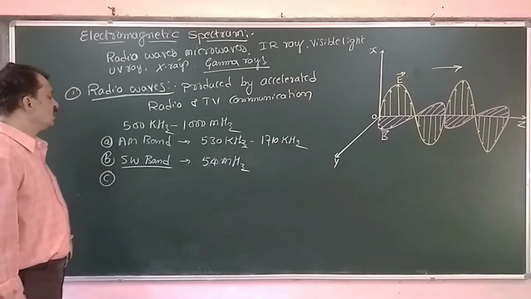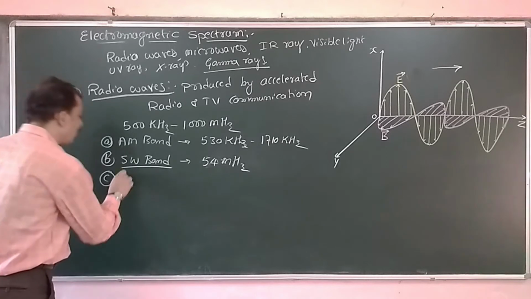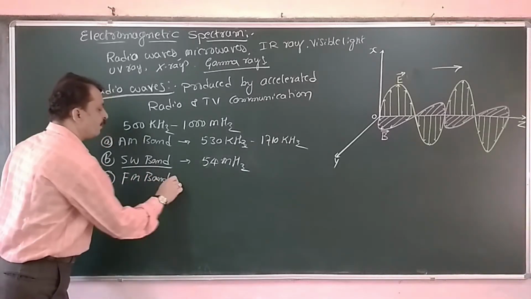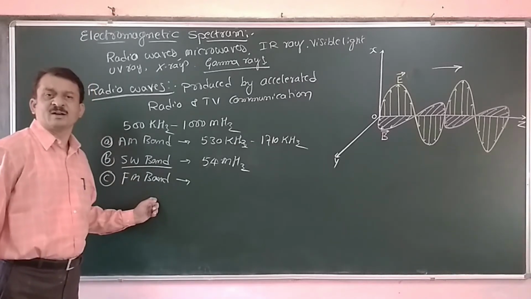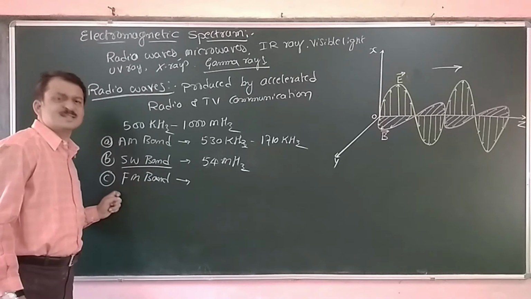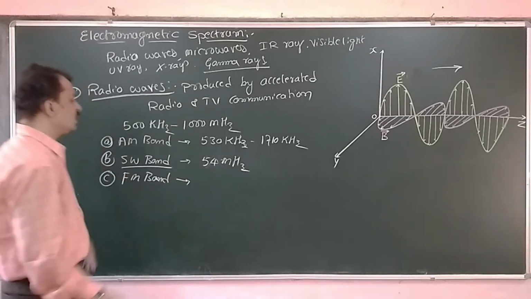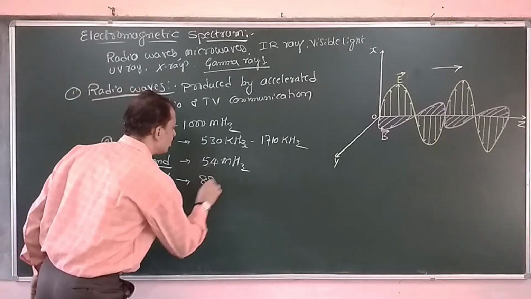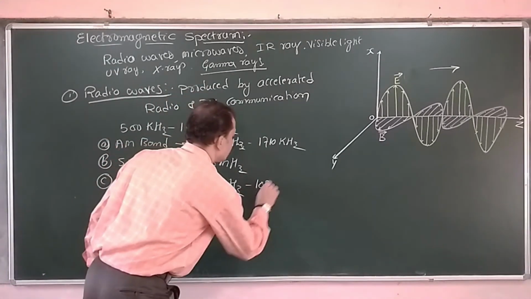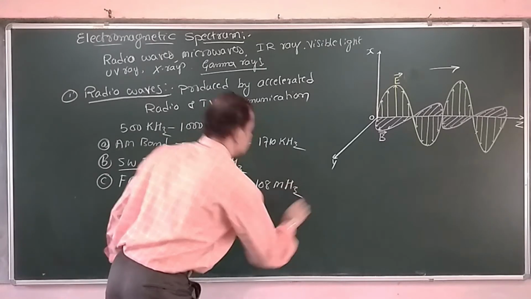And the third one is the FM band, frequency modulated band. Here the frequency is modulated. It has a frequency range of 88 megahertz to 108 megahertz.